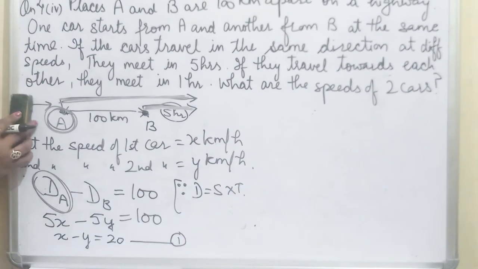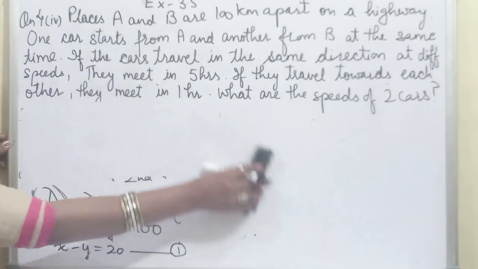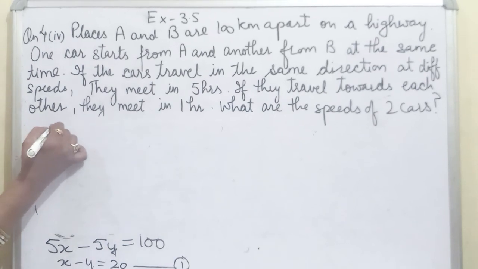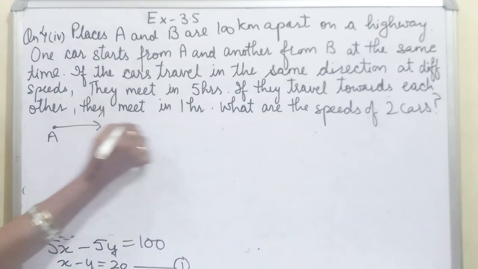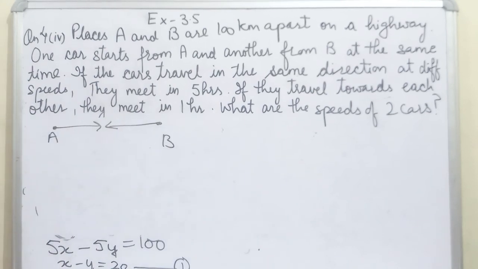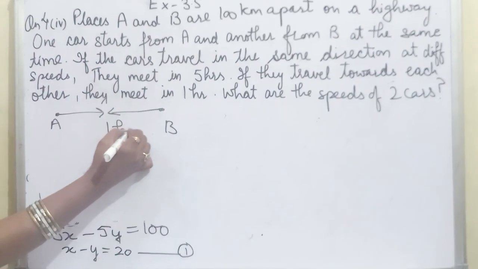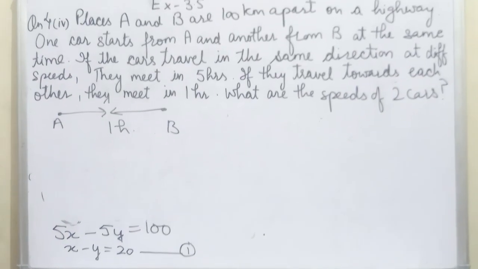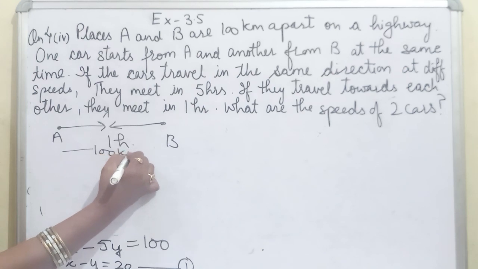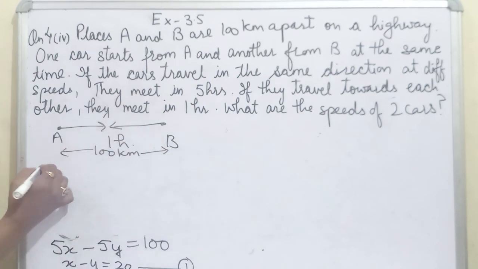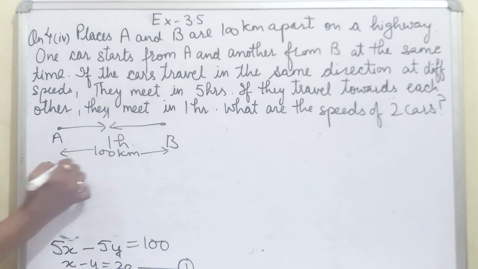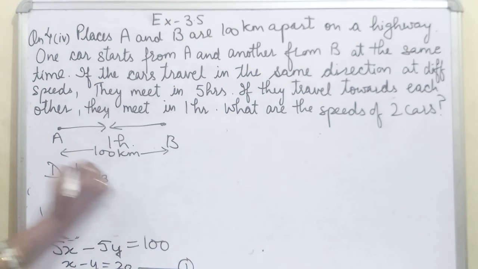Right? Now I will talk about the second condition, when they move in opposite direction. These are the two places and the cars are moving in opposite direction, and they'll meet after 1 hour. The distance between the two places is still 100 kilometers. So can I write the distance covered by car A plus distance covered by car B?